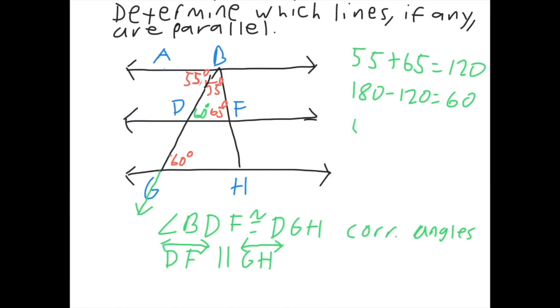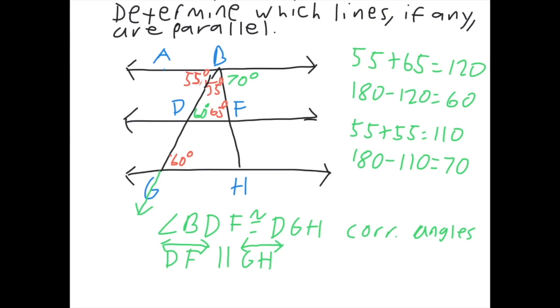Well, 55 plus 55 will give us 110, and those three angles here make a line. So that means 180 minus those two angles will give us the third angle, which is 70. So we know this right here is 70.